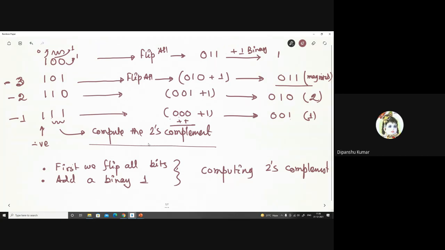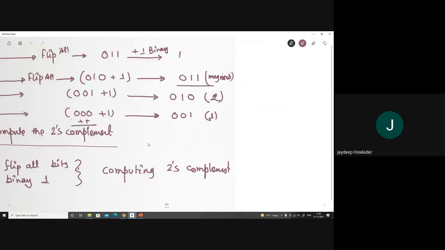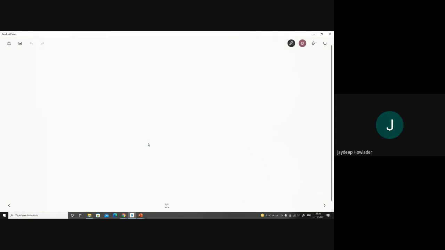Sir, how is adding done with a binary one? I don't understand. Oh, Ajay, you don't understand? Actually, how can I explain? Let me show simple addition. Say in decimal, if we have 5 plus 6, how do we add these?